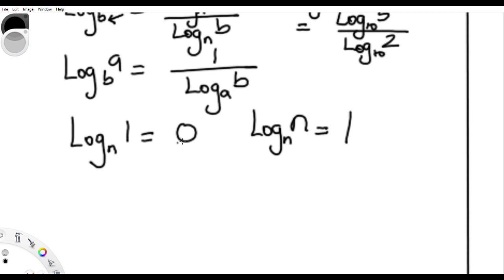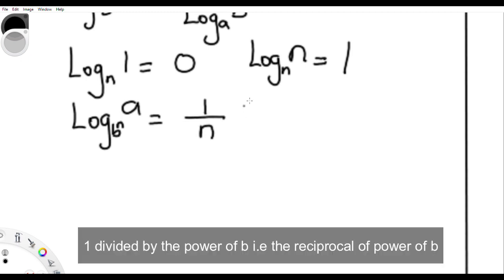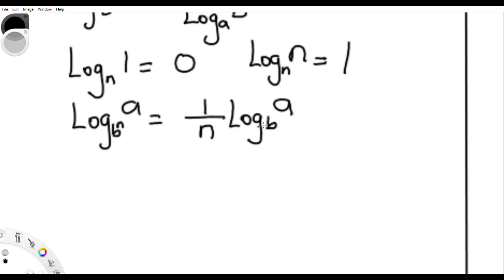Log of a number to the base of the number equals 1. And finally, we also have log a base b raised to the power of n. If the base carries a power, it becomes 1 over n, the reciprocal of the power, times log a base b.